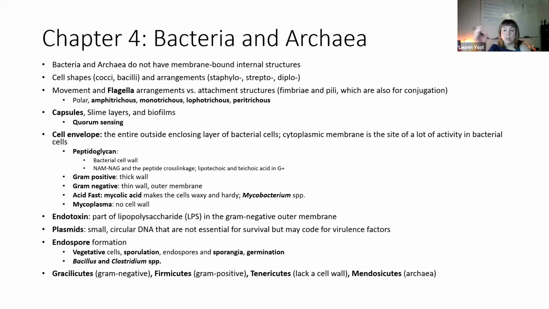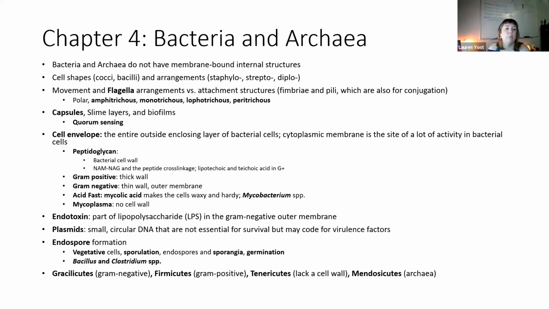There's other arrangements as well, like tetrad, which is just 4, or sarcina, which is like a cube arrangement. For the rods, we have the palisade, which is like a fence. They're just attached at certain ends whenever they were dividing, and that's what causes that to happen. So that's the arrangements that you can see with regards to your bacteria.